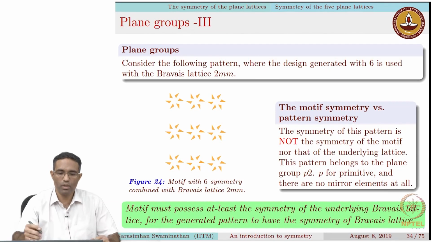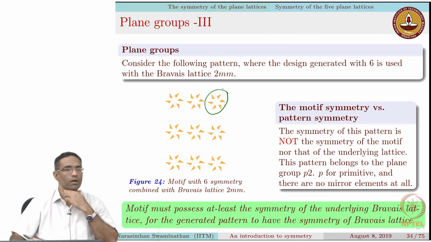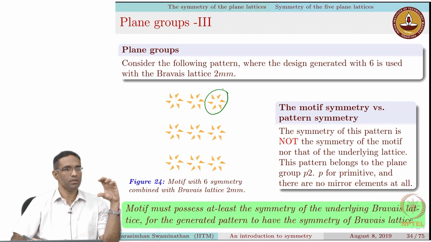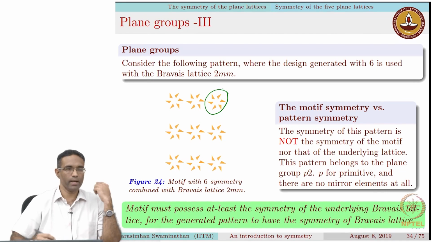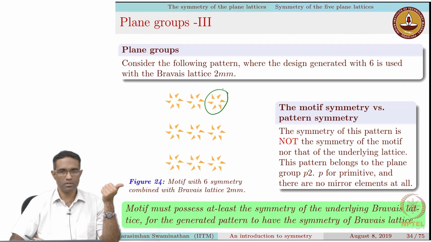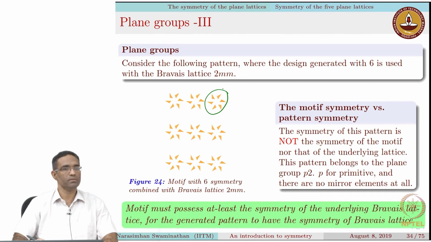So consider this one. This one I have placed with 6 as the point group for the motif, but I am using an underlying Bravais lattice of 2 mm. Now if you look at it, it neither possesses 2 mm nor does it possess 6, and the only thing that it possesses is, what does it possess?